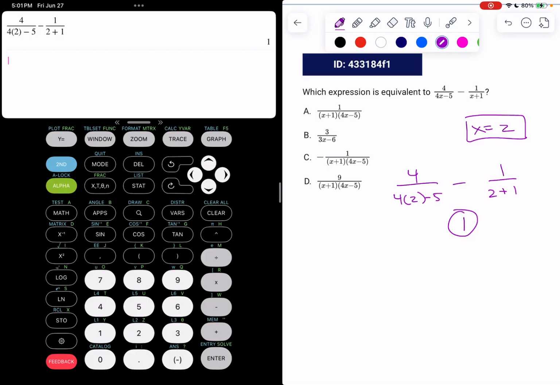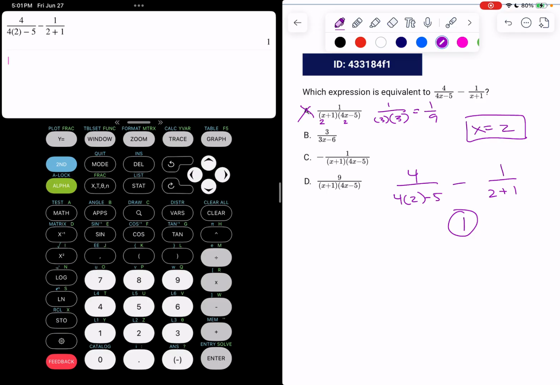Okay, so let's see. We put a little 2 in answer choice A. That'll be 1 over, this is 2 plus 1, that's 3. And this is 4 times 2, which is 8, minus 5. 8 minus 5, that's 3, 3 times 3. That's going to be 1 over 9. That's not 1. Let's get rid of that guy.